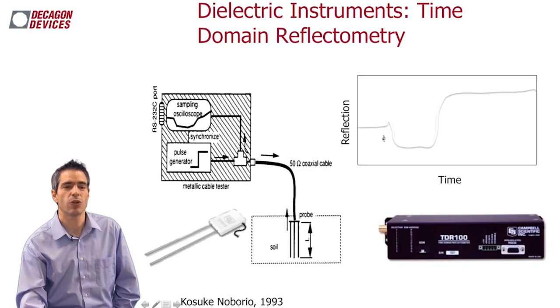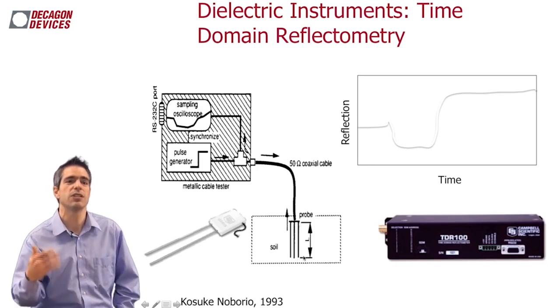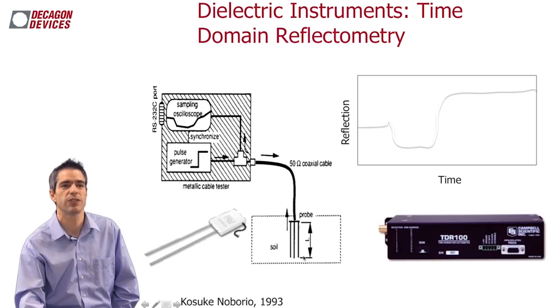As it passes along this sensor and hits the end of the probe right here, it also produces a reflection of energy. The time it takes for that energy to travel from the beginning of this probe to the end of the probe, we can use to calculate the dielectric permittivity. And let me show you how that's done now.